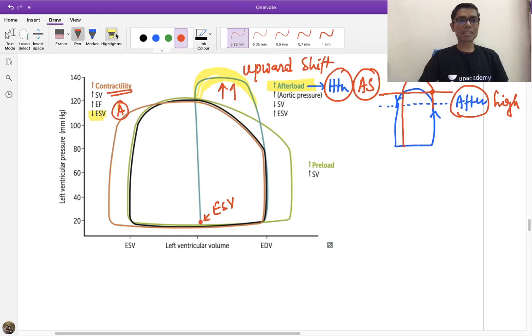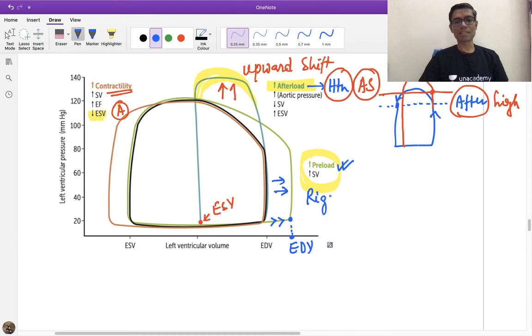And if there is increased preload, we all know preload is nothing but end diastolic volume. So simple: if there is an increase in end diastolic volume, this is the new end diastolic volume here, in this green color curve. If there is an increase in end diastolic volume or preload, then the curve will shift in this direction.